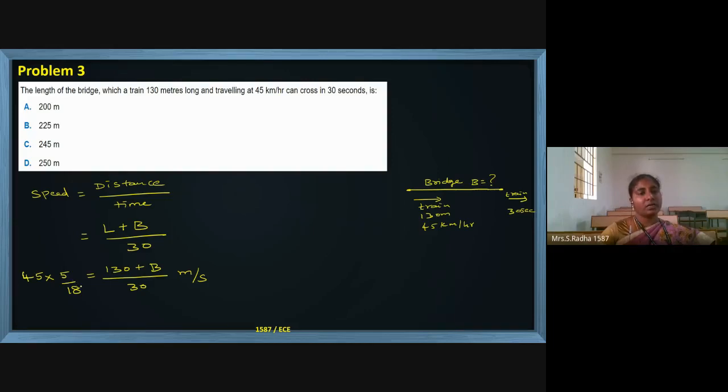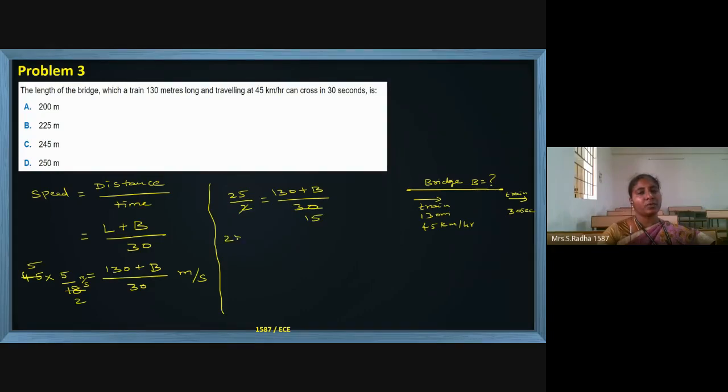So here, one equation, one unknown variable, we have to simplify. Left side also, now I will get the units meter per second. This is 9 2s are, 9 5s are. Left side what I have is 25 divided by 2. Right side I have 130 plus B divided by 30. So 2 1s are, 2 15s are.